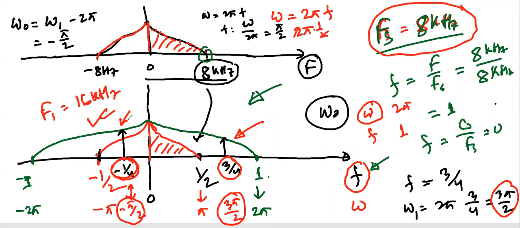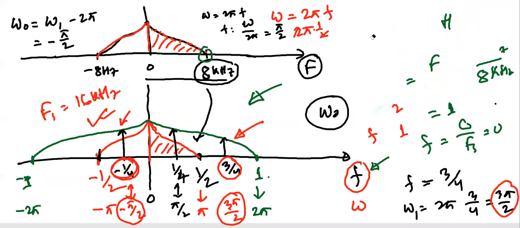Is there any other signal like this -1/4? Exactly, +1/4, because -1/4 and +1/4 are the same signal. Now 1/4 means in the omega scale π/2. They are the same. So we have got the first answer.